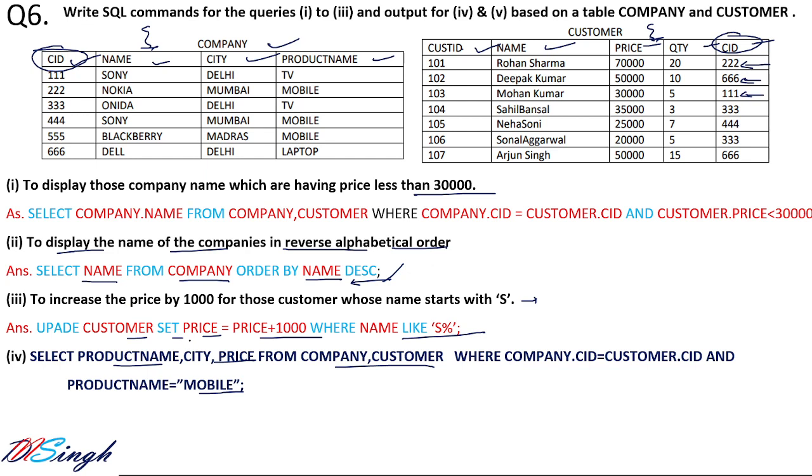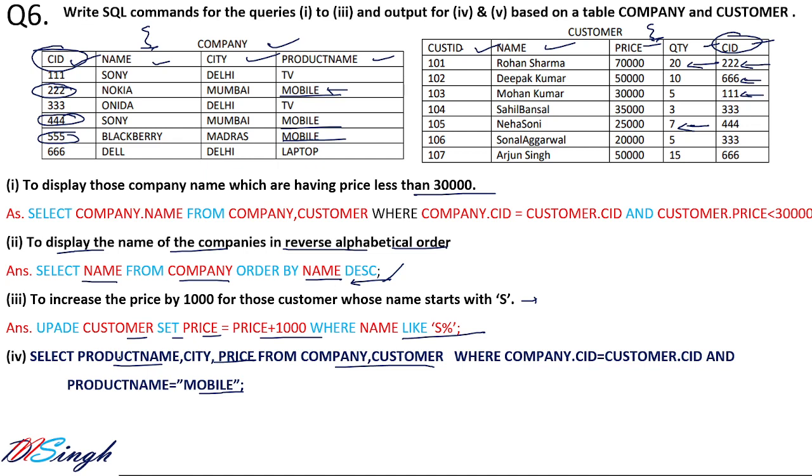Okay, so there you have the product name column available. So for mobile, which is that, 222, for mobile 444, and there also you have the mobile, you have this one and this one. These are the three records. So 222 record will come, 444 record will come, and 555 is not available.